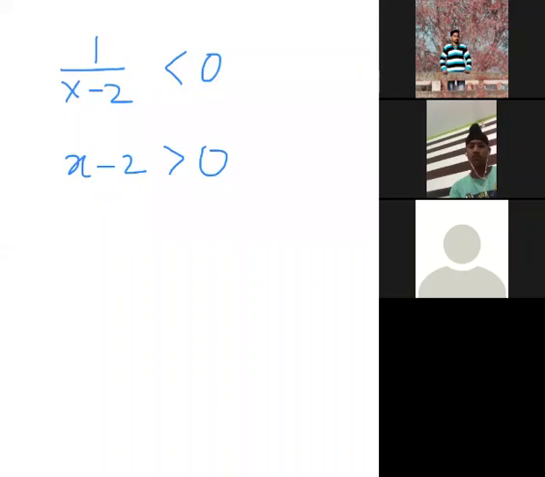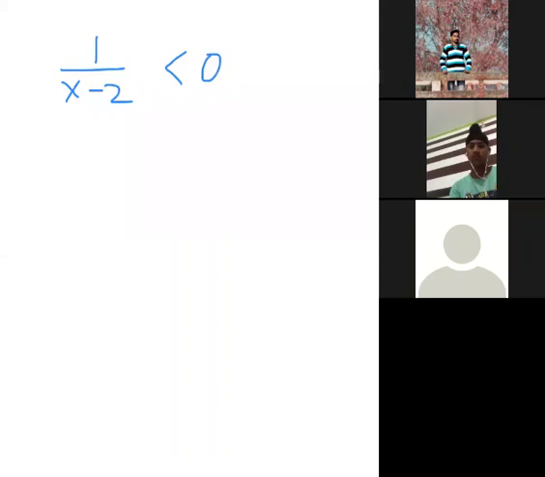We have been given 1 upon x minus 2 is less than 0. In this situation, first of all, let me explain in a better way. We cannot multiply both the sides with it. If you want to go like that, then also I must show you.